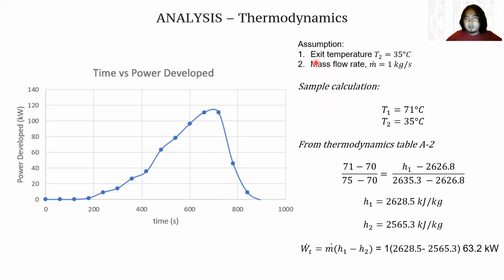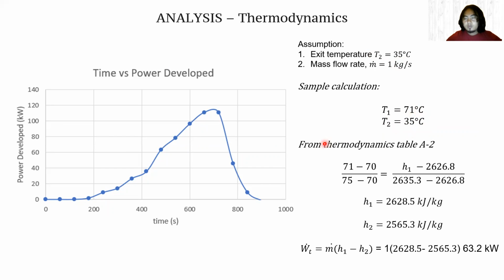And by assuming that the exit temperature T2 is equal to 35 degrees C, and the mass flow rate m dot is equal to 1 kilogram per second, and by taking one of the data, here T1 is 71 degrees C and T2 is 35 degrees C.